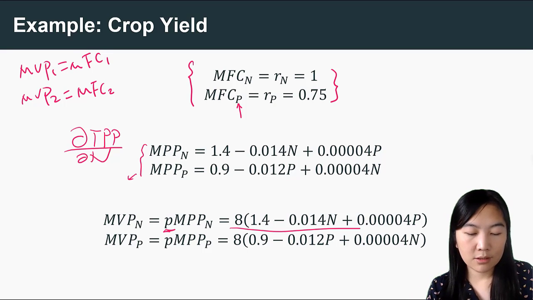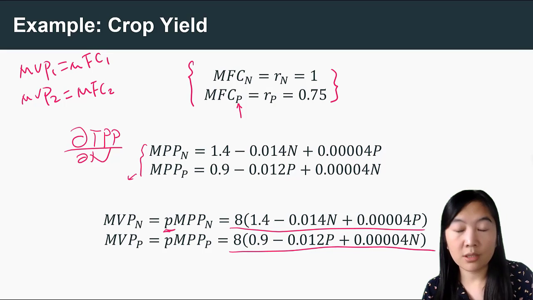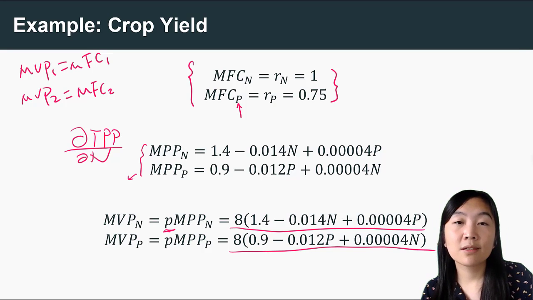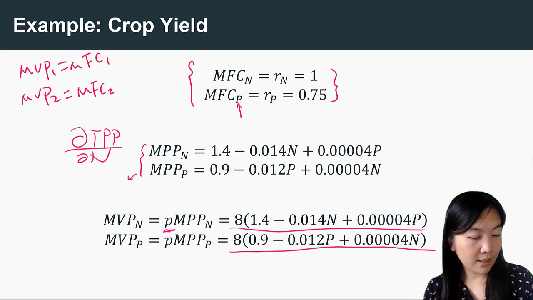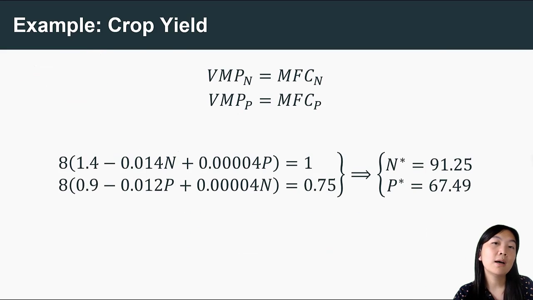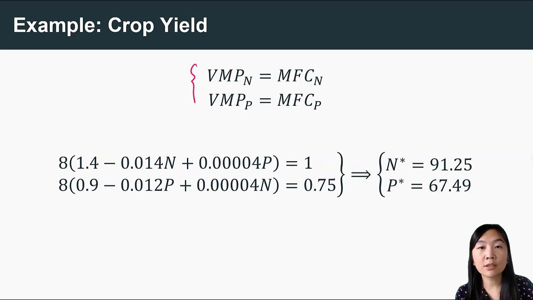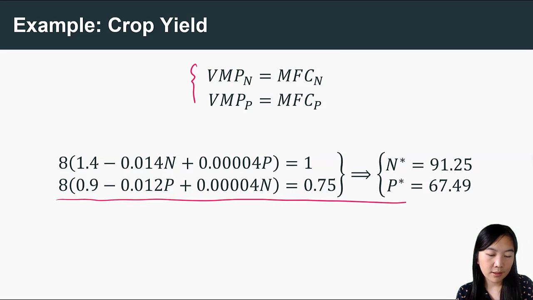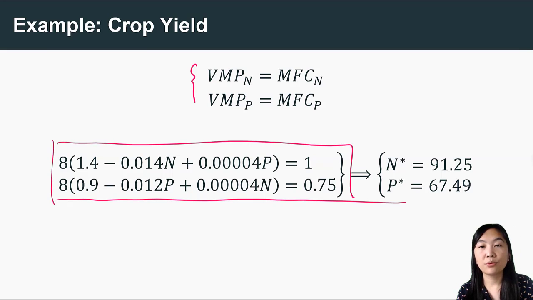These two equations are your MVP equations. The next step is to equate the MVPs to the MFCs. If we set those equal to each other, these are the two equations we need to solve for two unknowns.